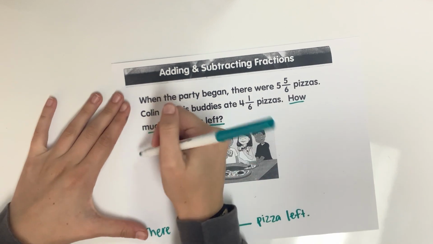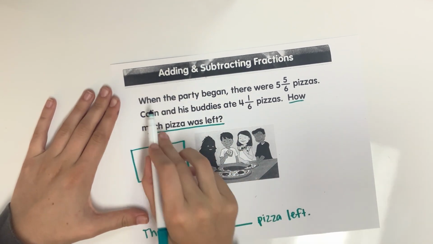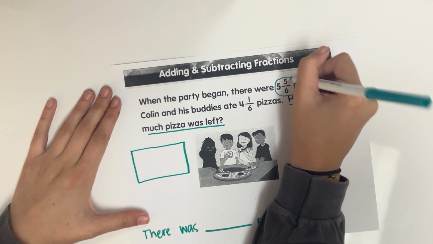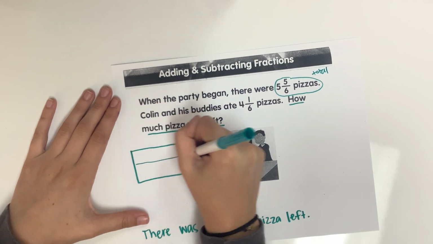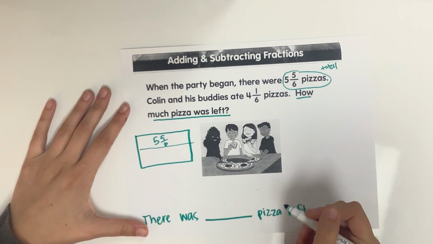Okay. I'm thinking I might have to subtract in this problem because I know when they began, this is how much pizza they had. That's kind of like the total, right? They had a total of 5 5/6 pizza.